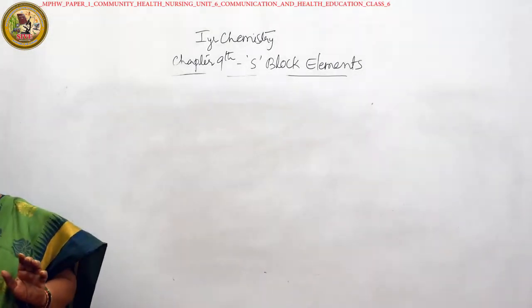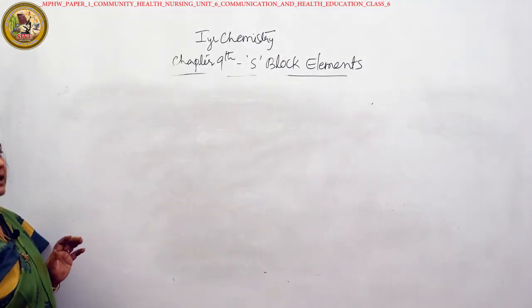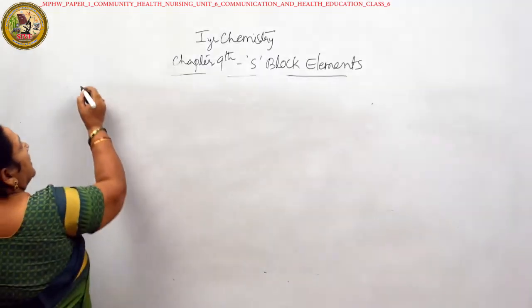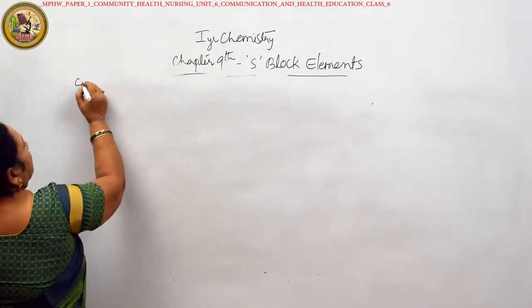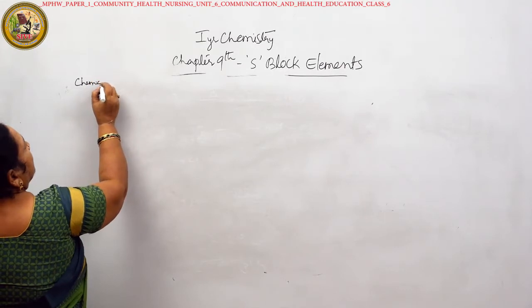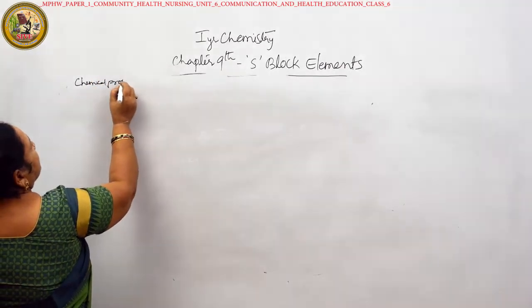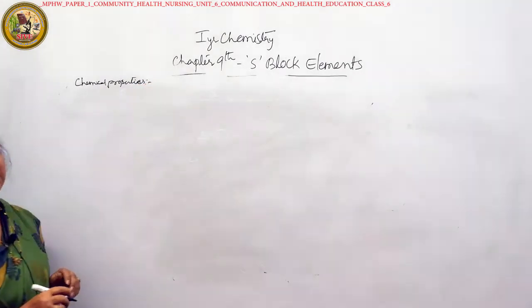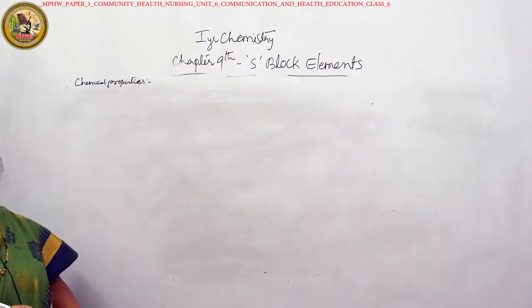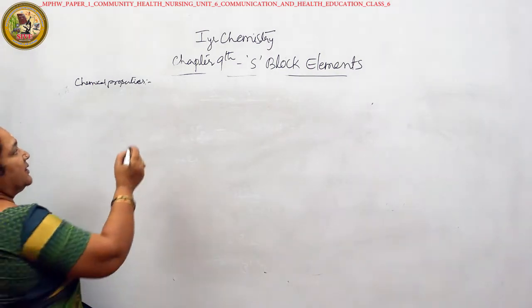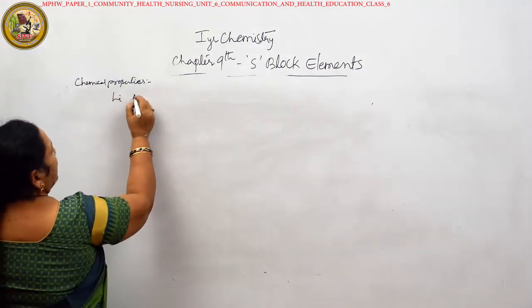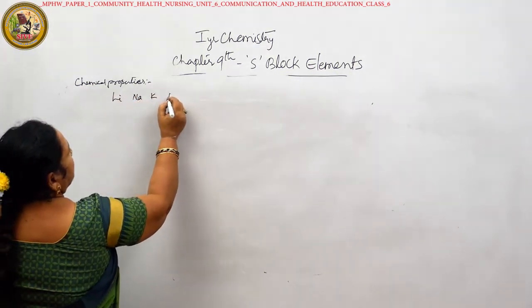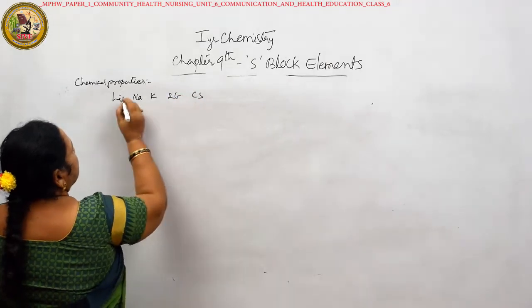And next we shall discuss the chemical properties of the first group elements. The order of their reactivity is lithium, sodium, potassium, rubidium and cesium.